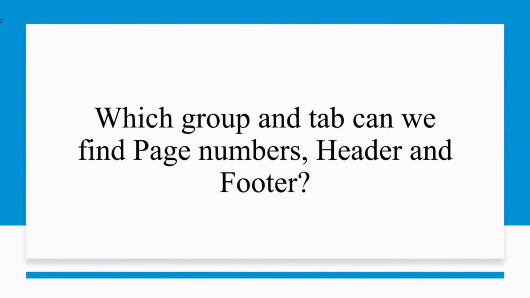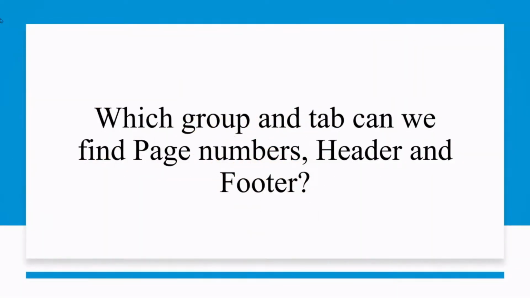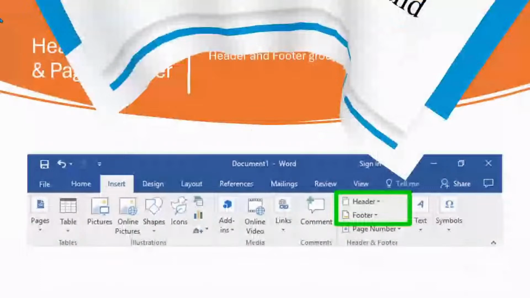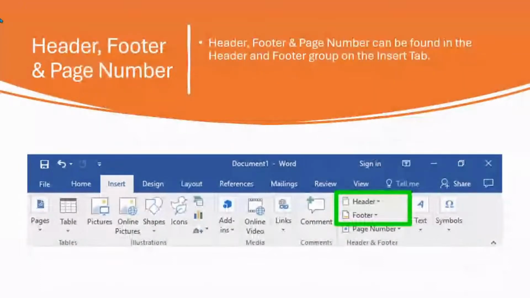Very good, Jodian. So Jodian would have completed the answer. Which group and tab can we find page numbers, header, and footer? The header, footer, and page number can be found in the header and footer group on the insert tab.